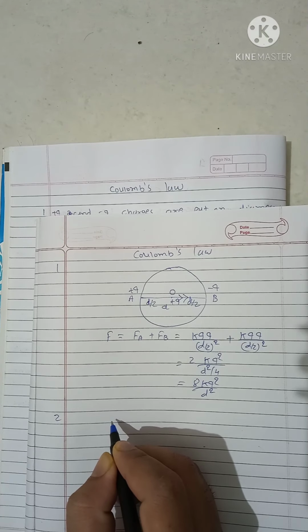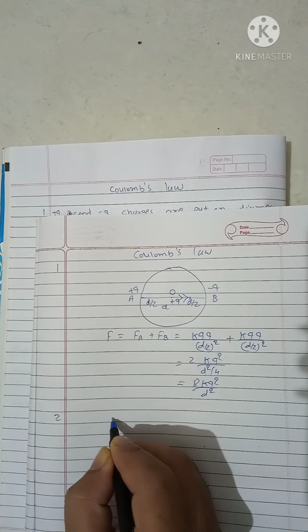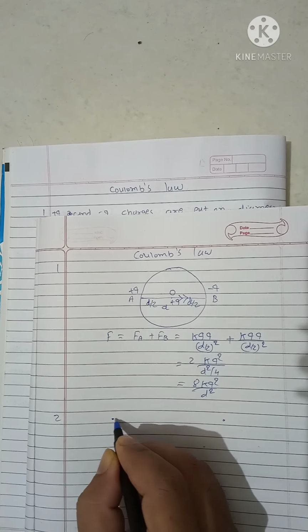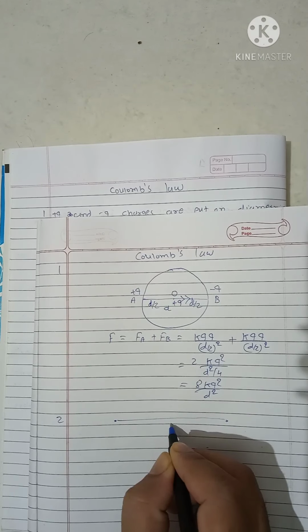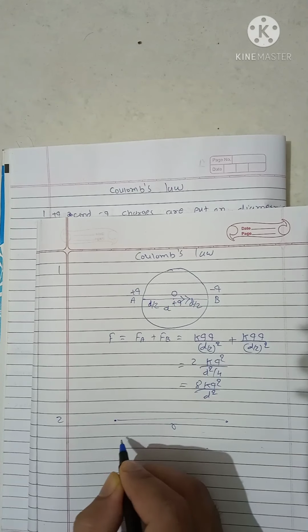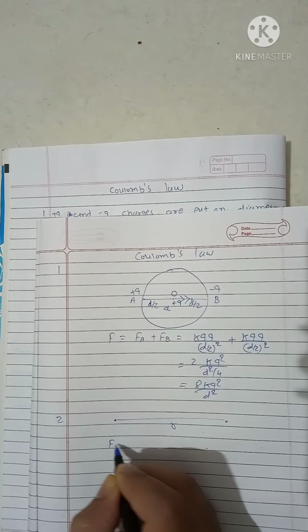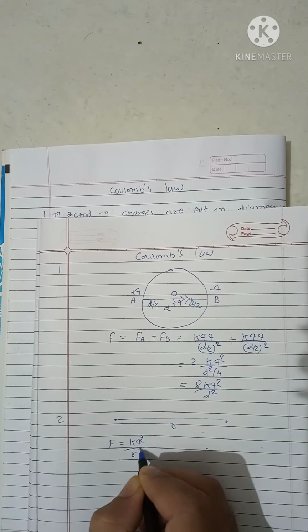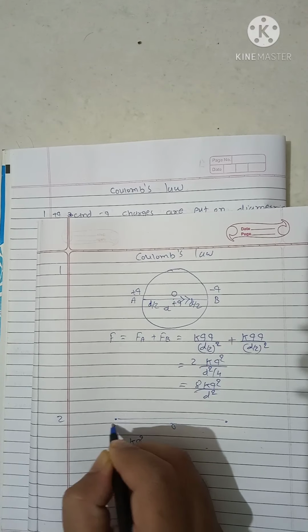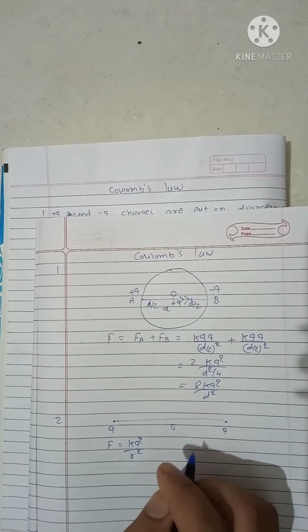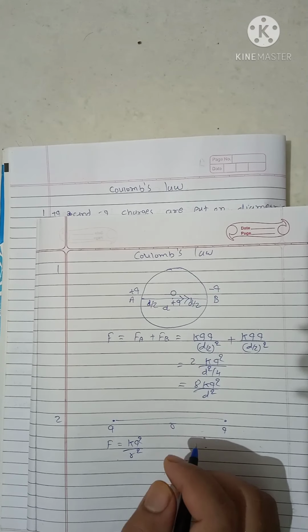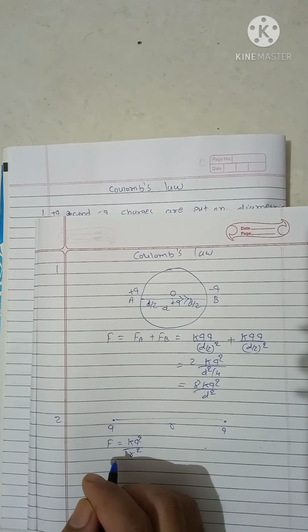Coulomb's law gives us the force exerted by two point charges having distance r between them, and that is F equal to k q square by r square, if the charges are the same. Now we can understand it by the vector form of Coulomb's law.